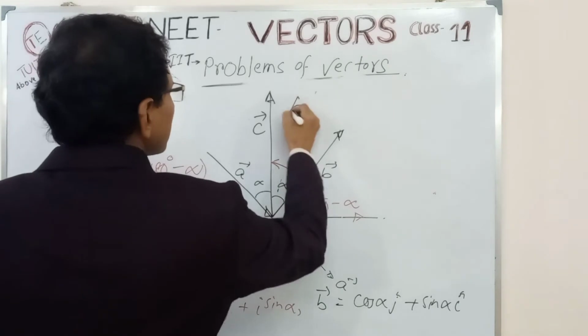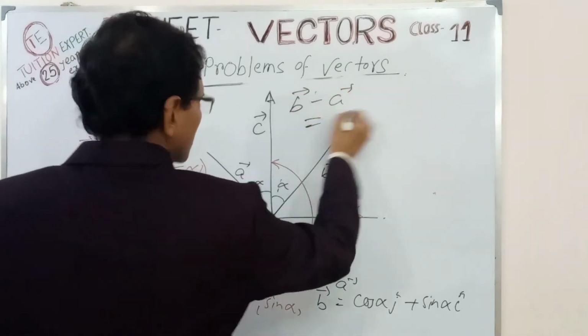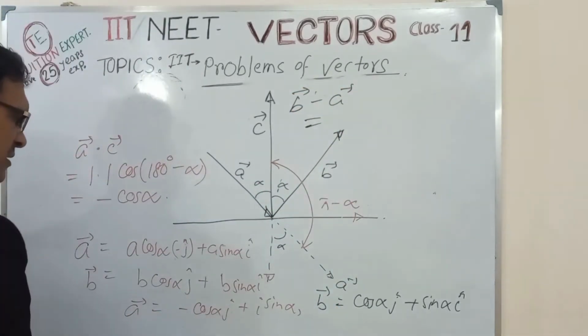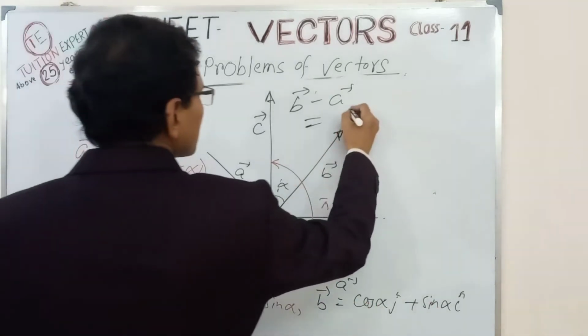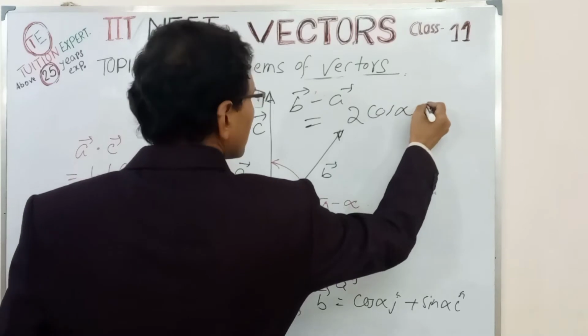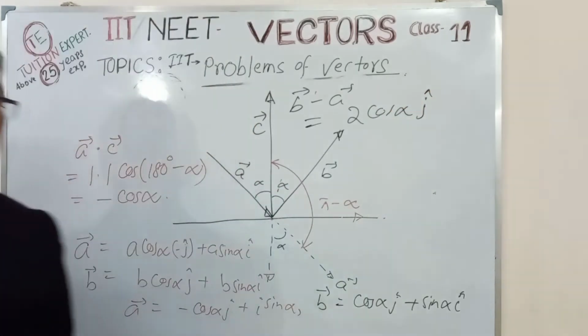B minus A: this cancels, and this minus that is 2 cos alpha J.